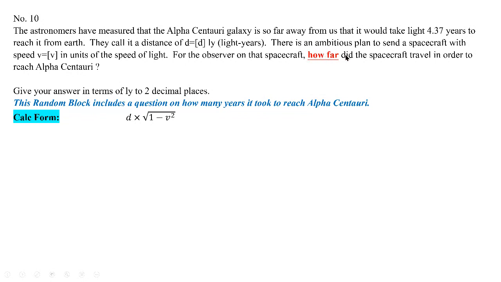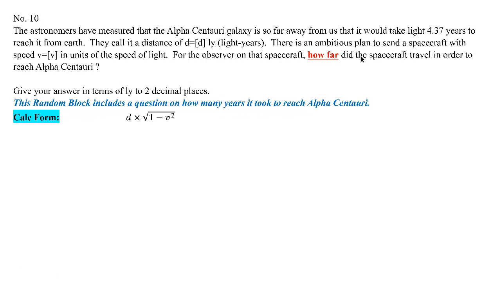This is now, how far did the spacecraft travel? According to Captain Kirk, using elementary physics, the fact that Alpha Centauri is rushing towards me at 0.9 times the speed of light, and I have measured with my very nice stopwatch, atomic clock, that it took, let's say, 2 years or 3 years.